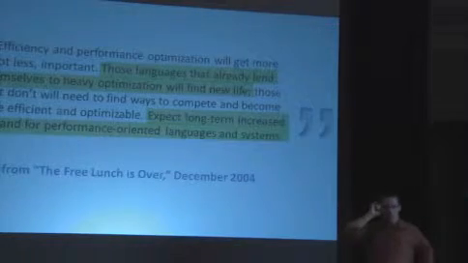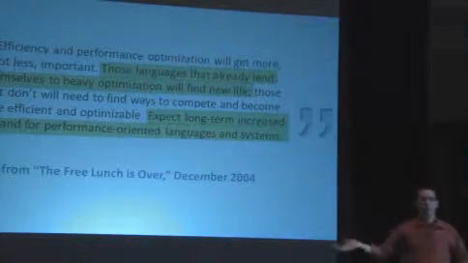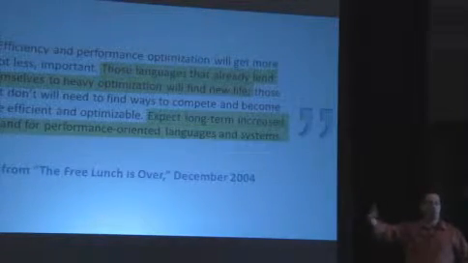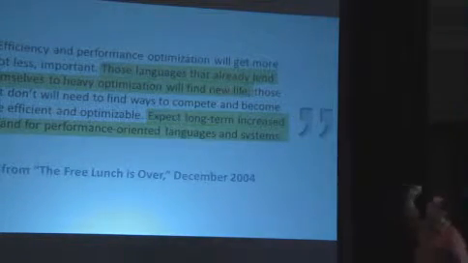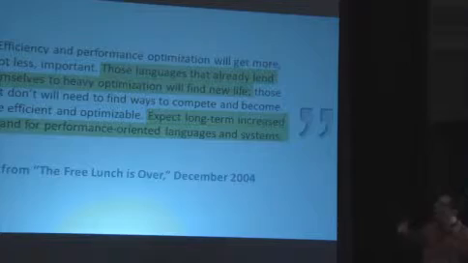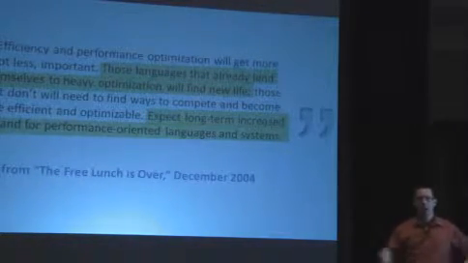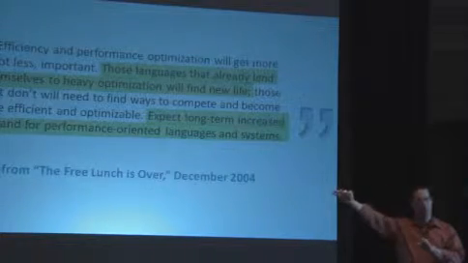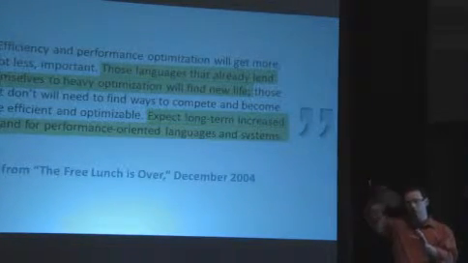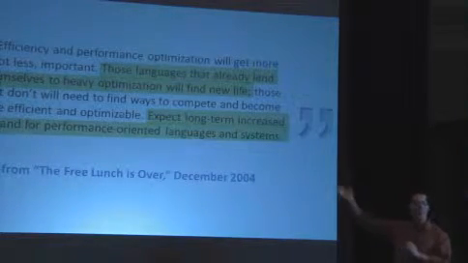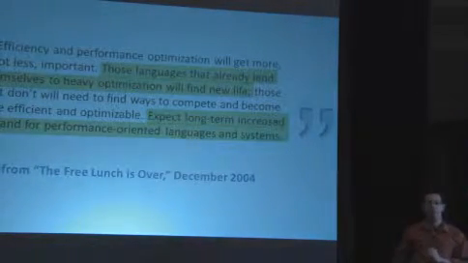When I wrote the Free Lunch is Over article about the shift to multi-core computing, one of the predictions I made was that efficiency and performance will get more, not less, important. The languages that lend themselves to high performance, because single core performance is starting to level out, still increasing, but not exponentially, will find new life, and that is exactly what started happening 2 years ago.